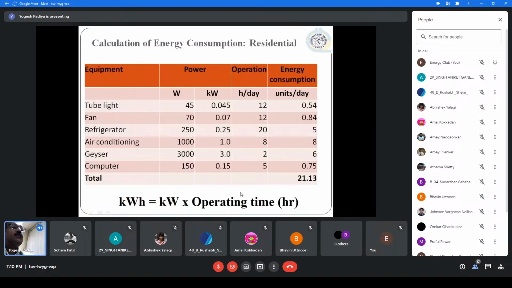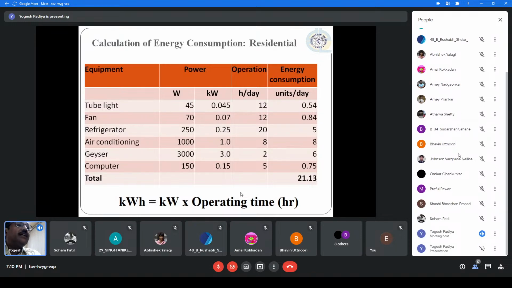Now let us go for the calculations of your light bill. First of all, you shall know how the electricity bill is being calculated. Let me tell you a simple calculation: 1 kilowatt hour means 1 unit. What is 1 kilowatt hour? Kilowatt, whatever is the load, into operating hours.